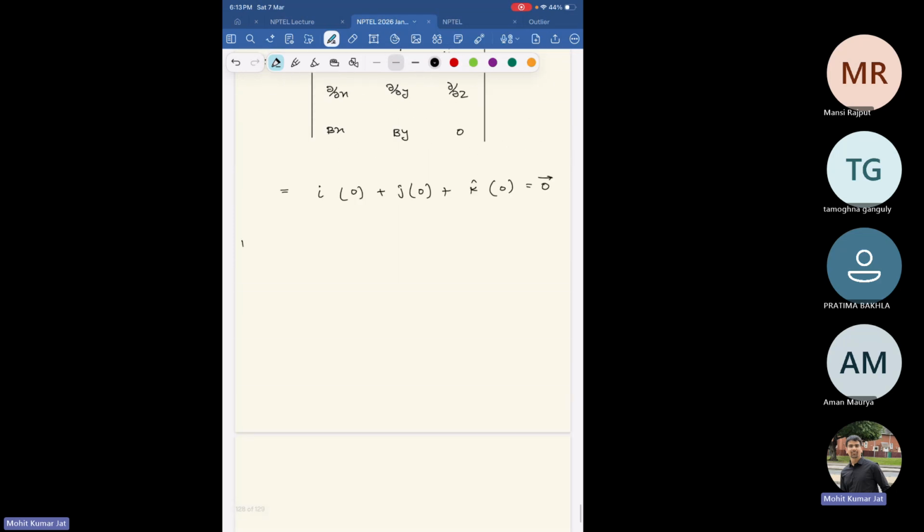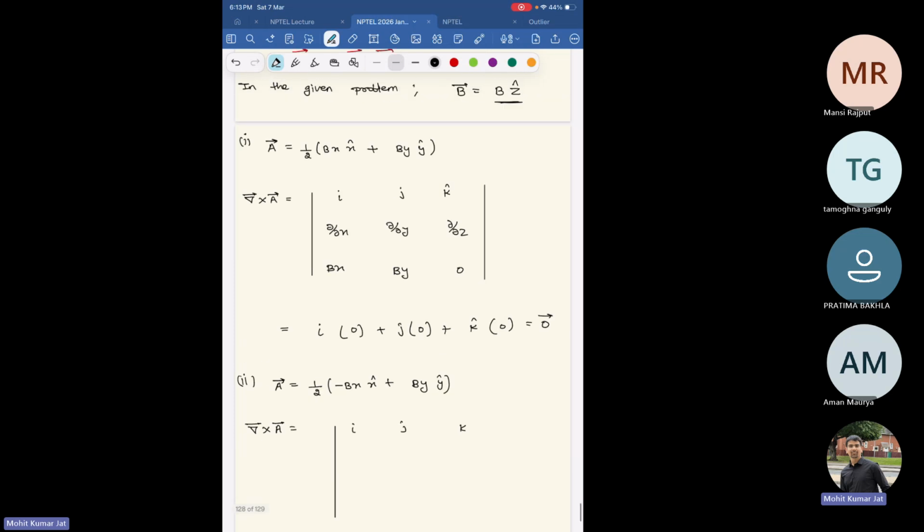Now let's analyze option number 2, which is vector A equals 1 by 2 (minus bx x cap plus by y cap). If you take curl of A, it turns out to be again the same thing, i, j, k.